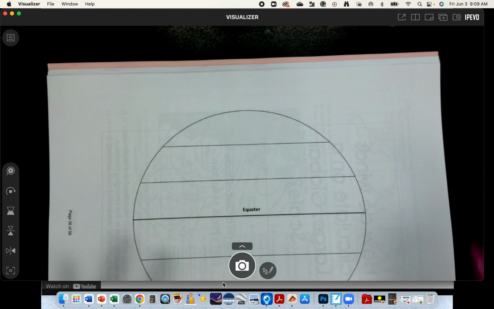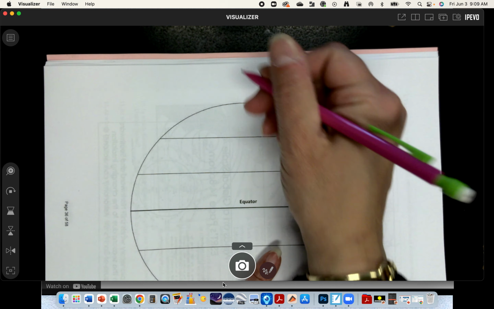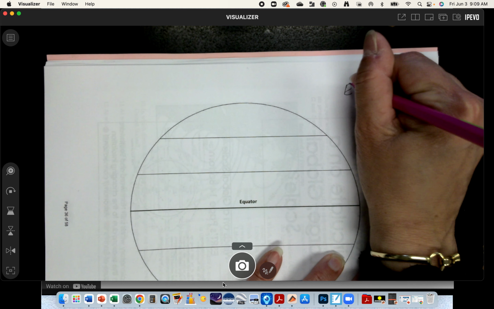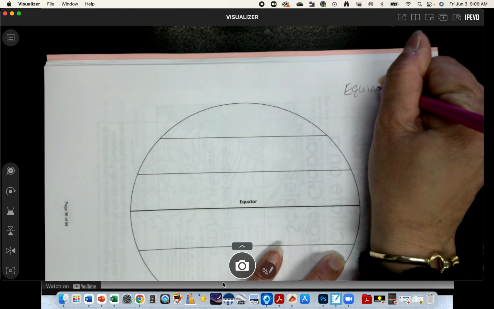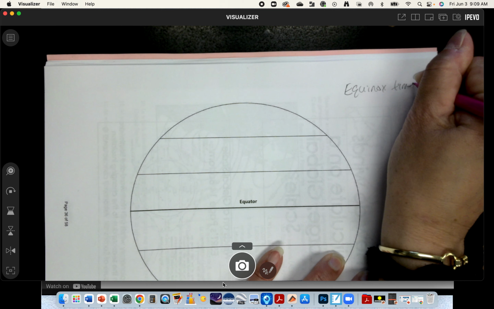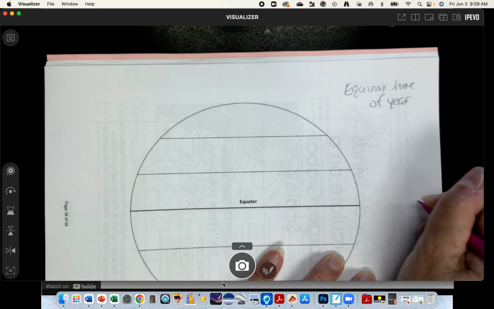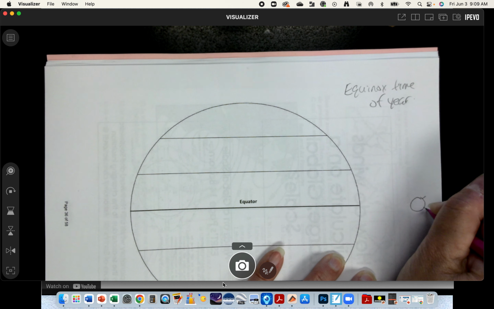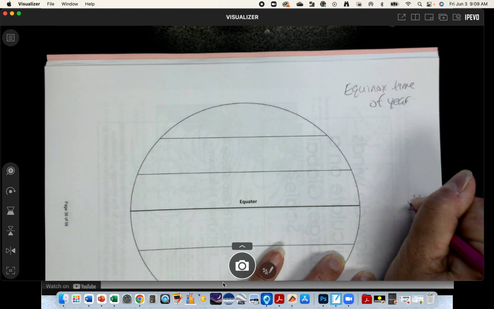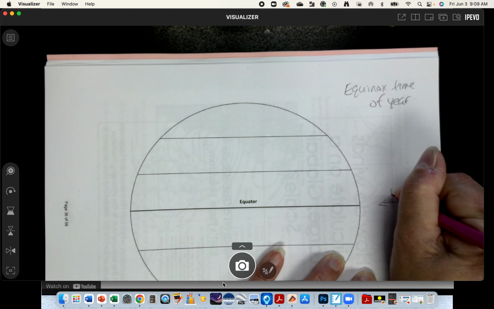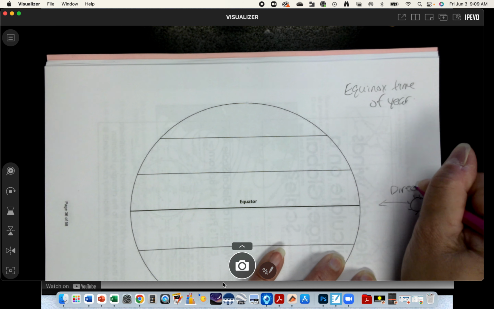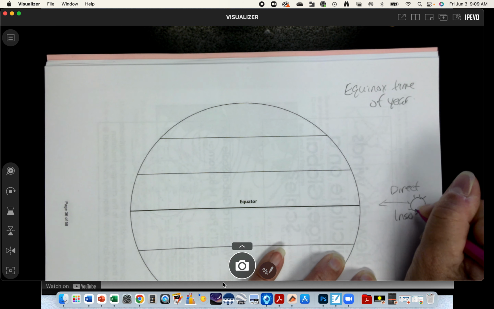Okay. So we know that if this is an equinox, we're going to say this is an equinox time of year, and the sun is pretty much directly over the equator. So the equator is receiving the direct insolation.